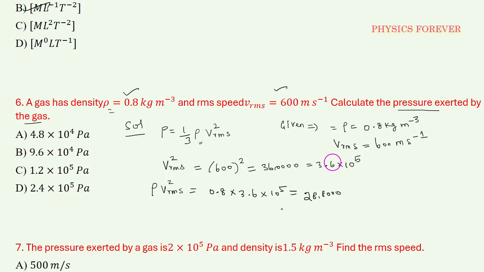I will just write it directly. We know the formula, P equals 1 by 3 into this value. Just divide it by 3, then we get the answer 9.6 into 10 power 4 Pascal.